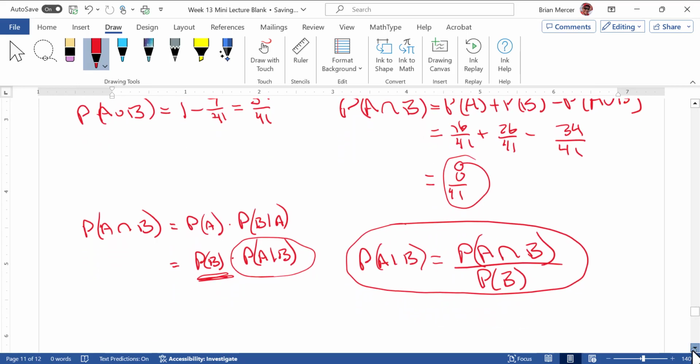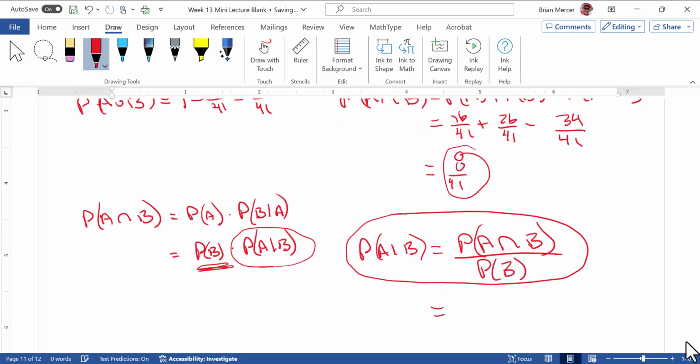And so to put that into practice here, we already calculated the numerator, the intersection of A and B. So that's 8 out of 41. And the probability of B, we've already seen that. That's the probability that she was a social science major.